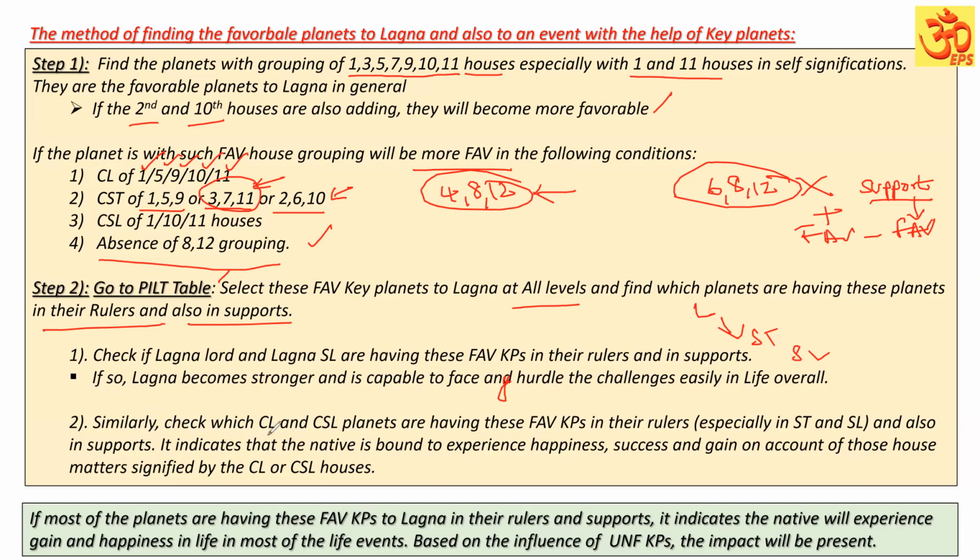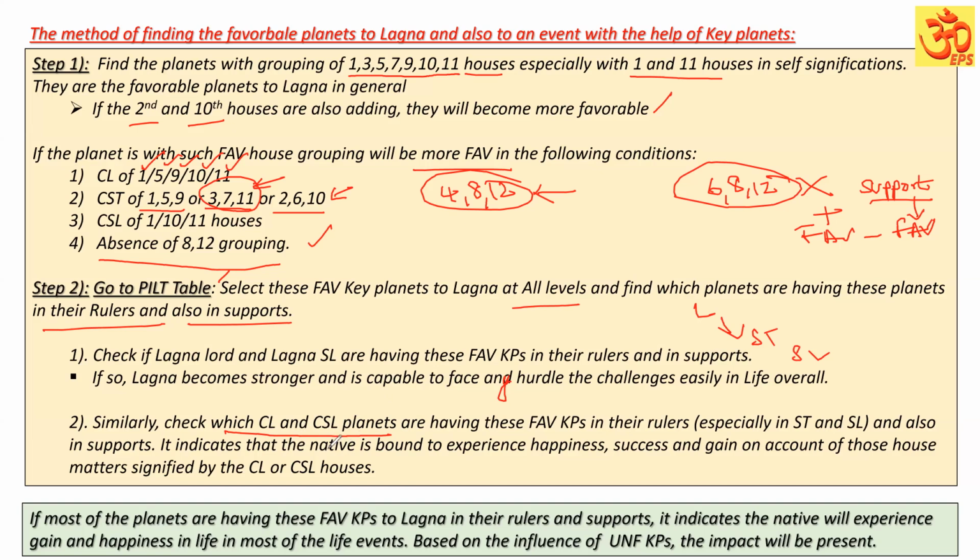Similarly, check which cuspal lord and cuspal sublord planets are having these favorable key planets in their rulers, especially in star lord and sublord and also in supports. In the previous slide, I was telling on the unfavorable side, which cuspal lord or cuspal sublord planets are having these unfavorable key planets. Lagna will face hurdles or struggles on account of these source planets, right?